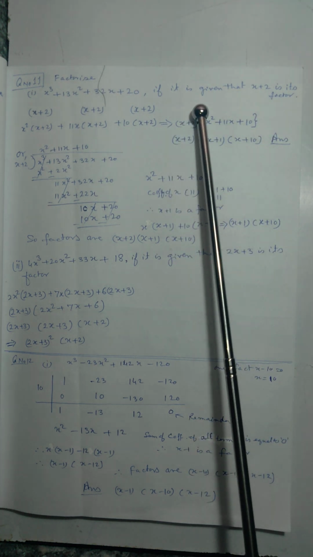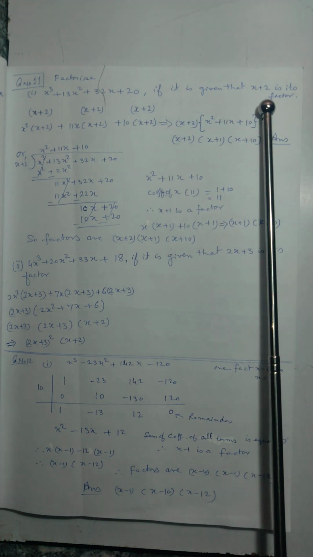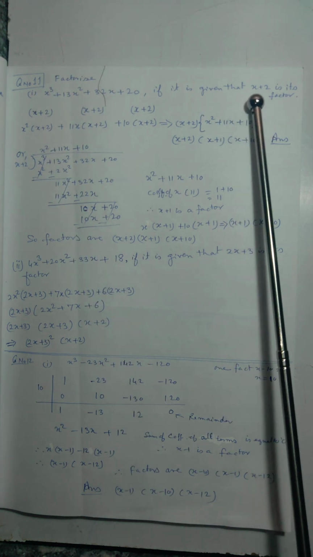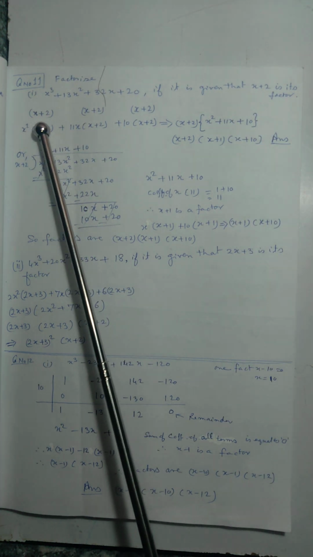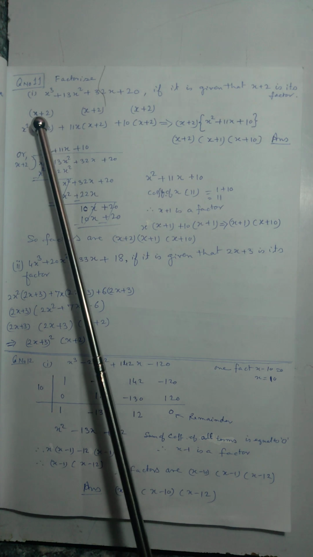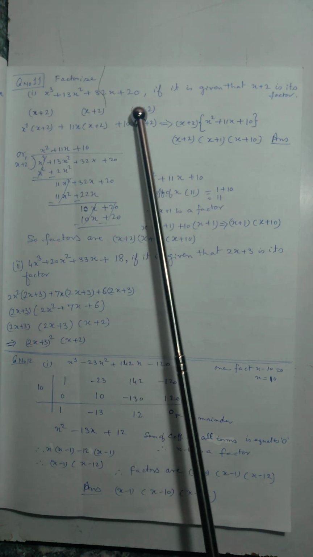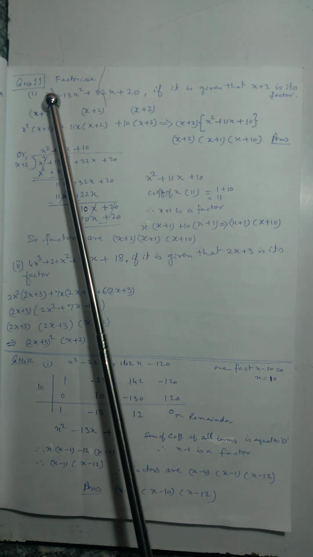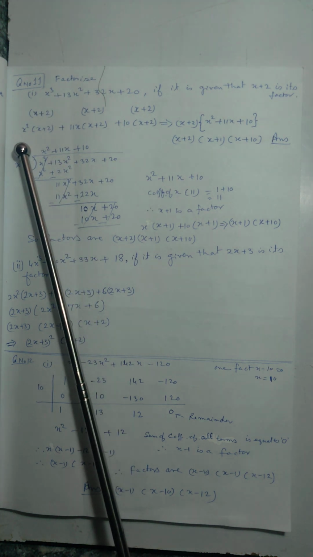What you have to do: x plus 2 is one of the factors, as given. Now here you see its degree or power is 3. So write down x plus 2 three times first of all. You see I have written x plus 2, x plus 2, x plus 2. In order to get x cube, I have written here x square.